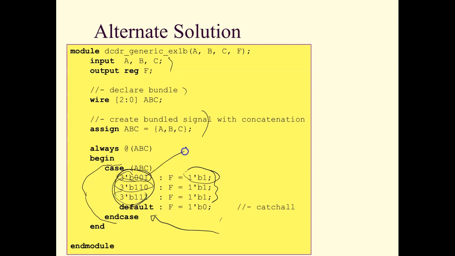These values here could have been just as easily described as 1, 6, and 7 in decimal, but I opted to use a binary format as well. It's up to you how you want to do that. But anyway, those are our 2 solutions for this example.